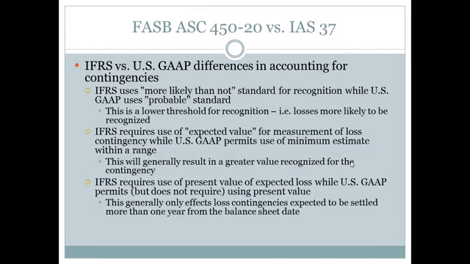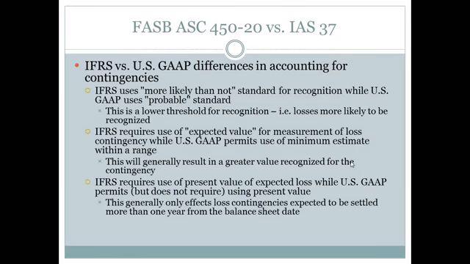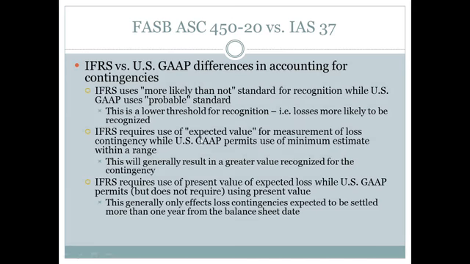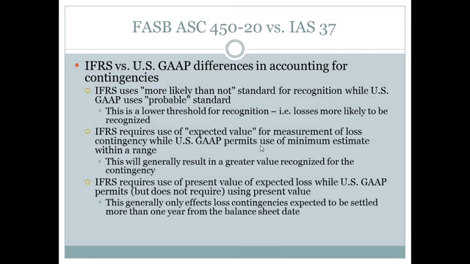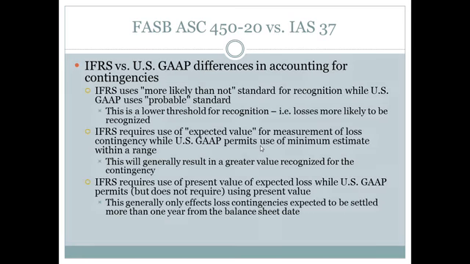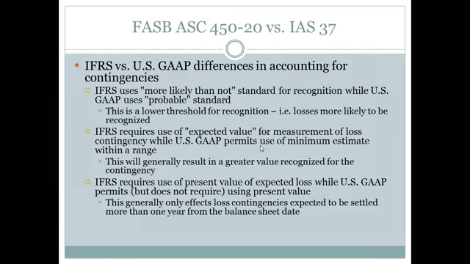In other words, losses are more likely to be recognized if we're applying IFRS. And second, this expected value concept will generally result in greater losses or higher dollar values of losses being recognized. And so that's a significant difference between US GAAP and international accounting standards.